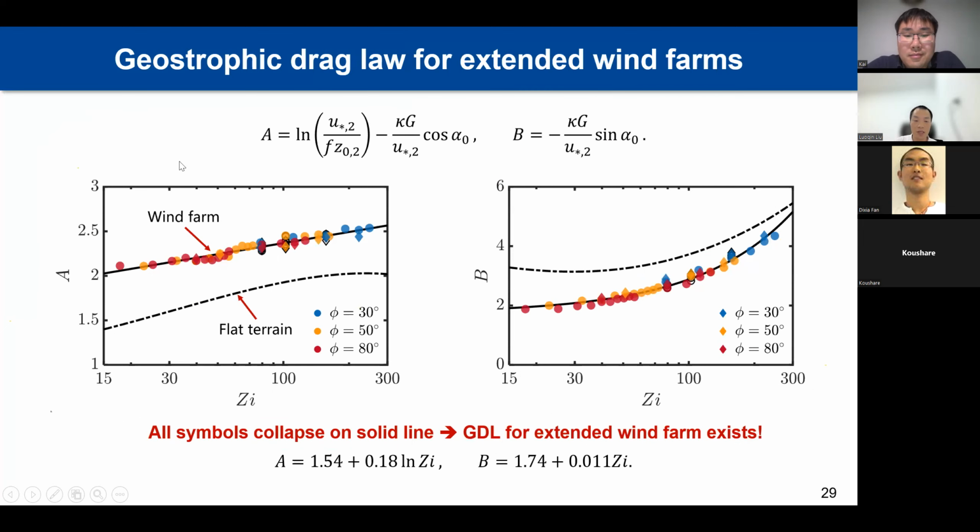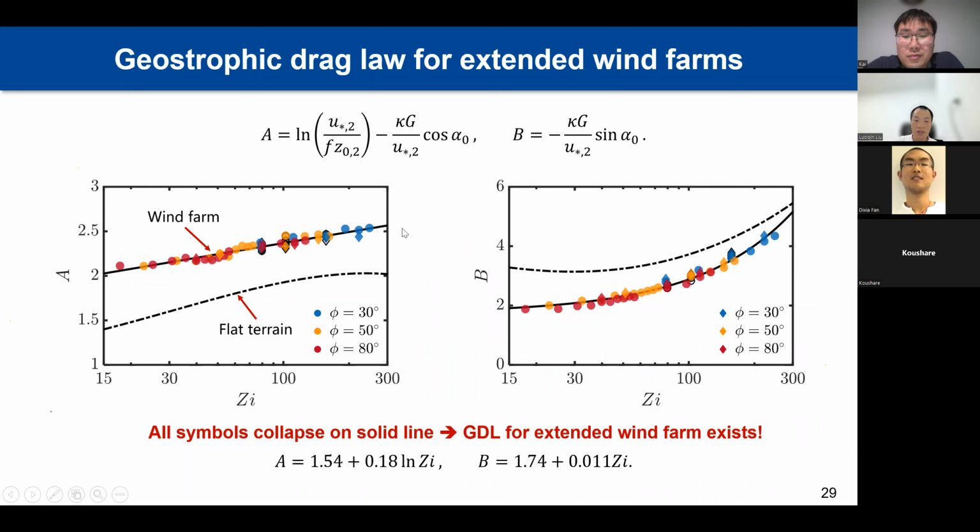So for the first question, we performed a series of numerical simulations. Basically, we performed 6 cases, and here are the results. From these two figures, we can get two conclusions. First, we notice that all symbols collapse to the solid line.